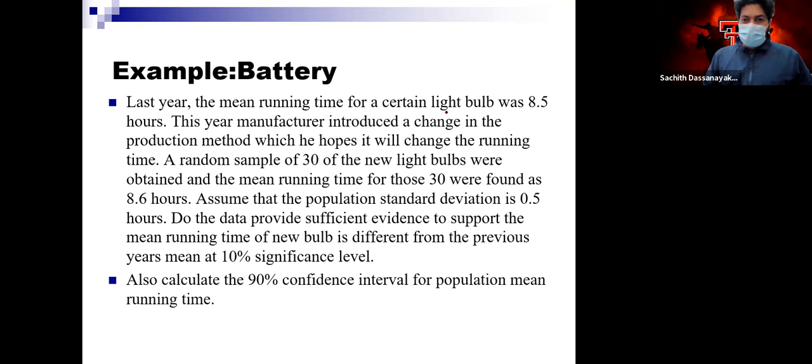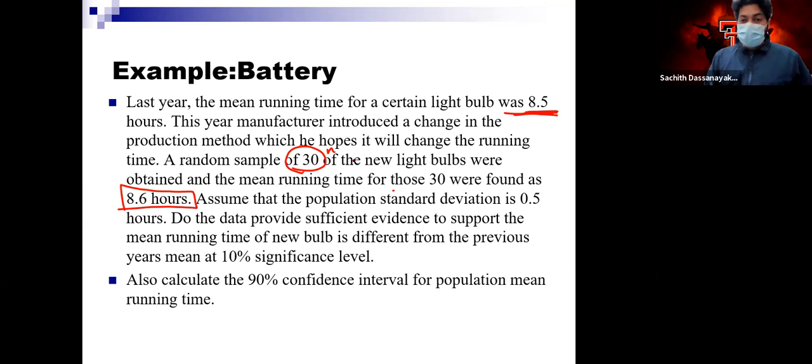Let me check. The significant level was this much. N is 30, and the mean running time of those 30 was found to be this much. Once you read this, you will figure out what this 8.5 and this 8.6 hours are.